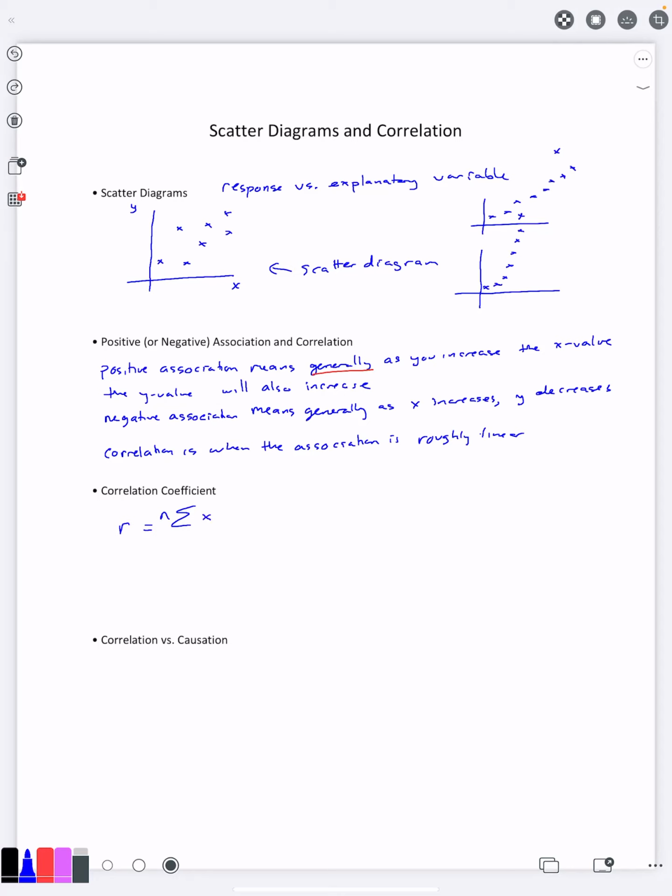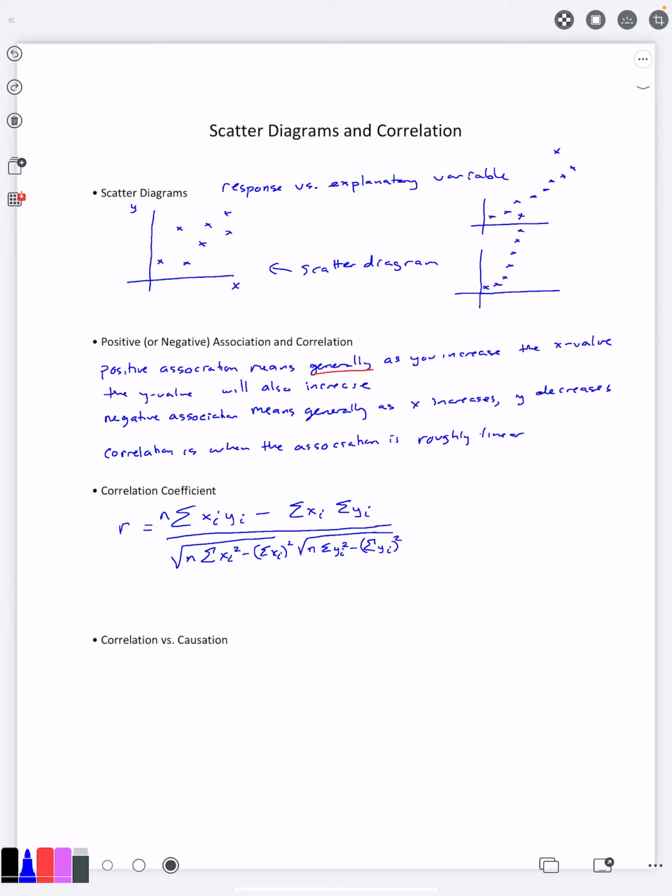Let me just write this whole thing down, and then I'll talk a little about what's going on in here. And you're probably getting scared already with how much stuff is going on in this formula. But I will just tell you before I even finish writing the formula down, yes, your calculator will do this for you. So you don't have to worry about doing this awful thing yourself.